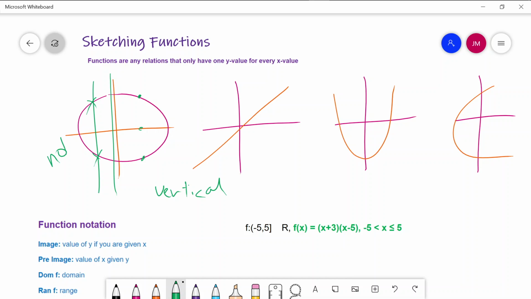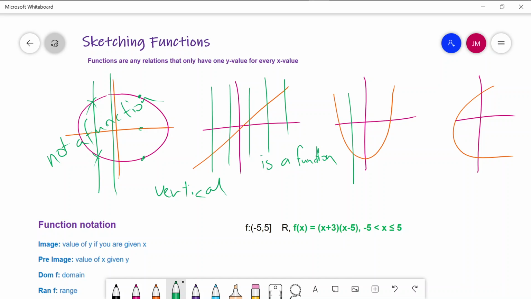So this is not a function. And you see over here, it only crosses it once, no matter where I draw that line. So this is a function. This one over here, no matter where I draw it, crosses it only once, so that's a function.